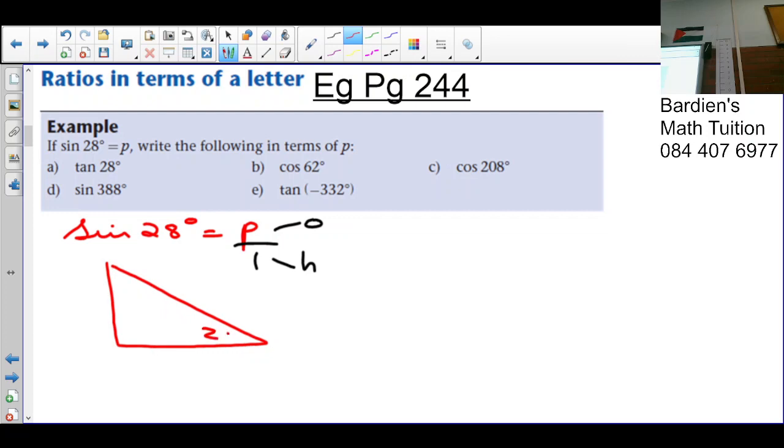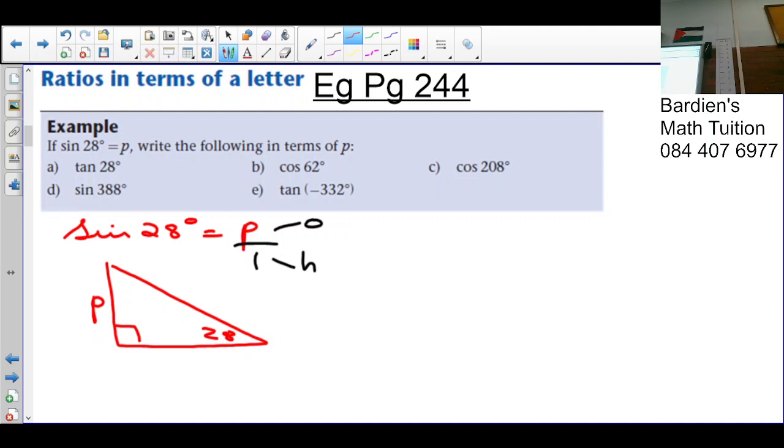Here is your 28 degrees, and 90. This side, relative to the angle, is what? It's your opposite. So there goes P. Now put a P there. What is this relative to the angle?